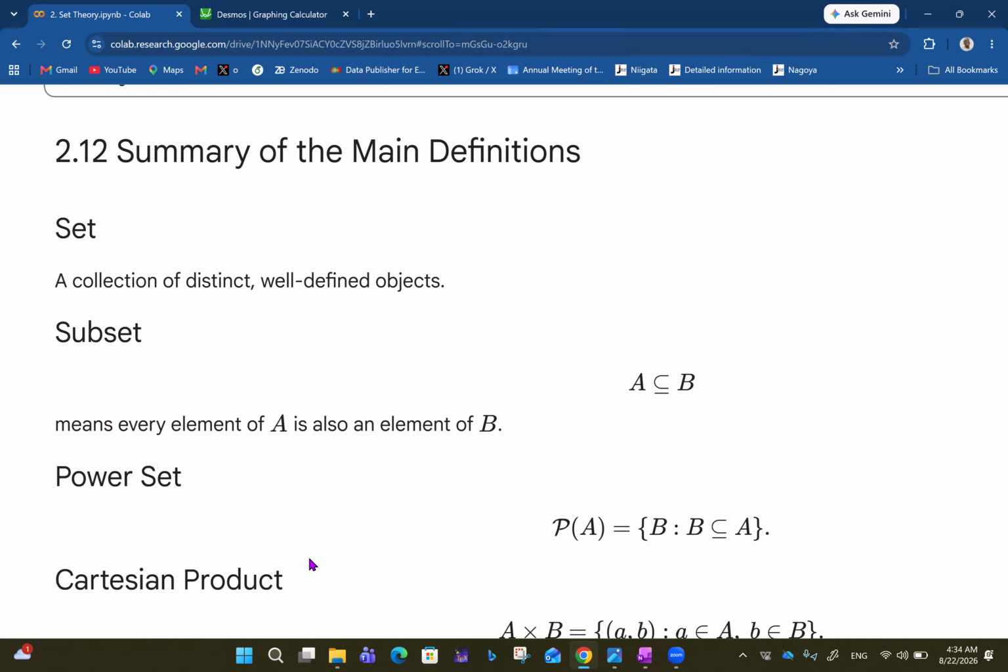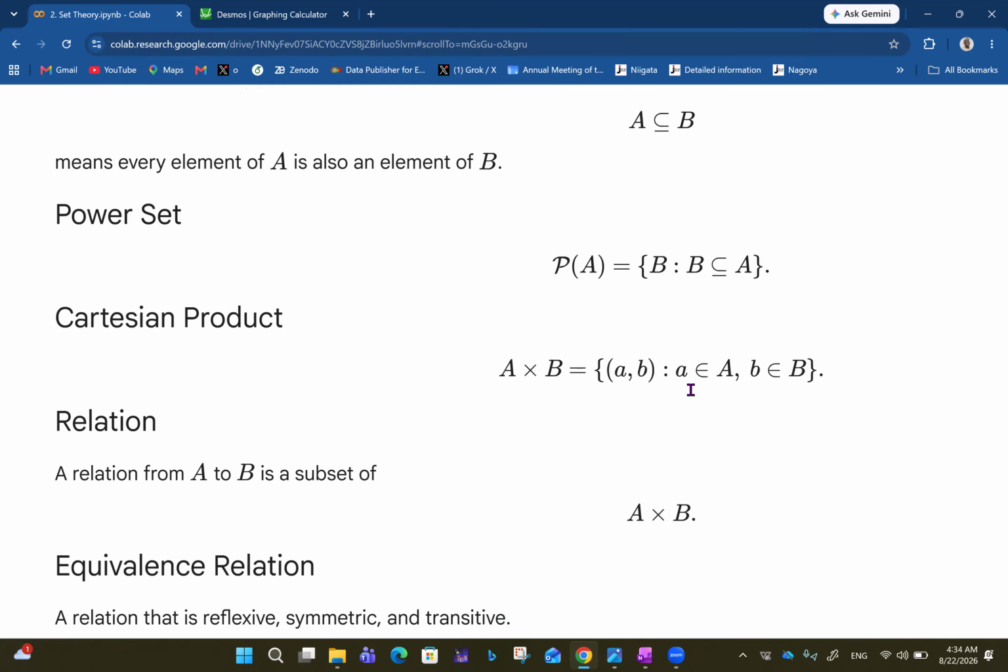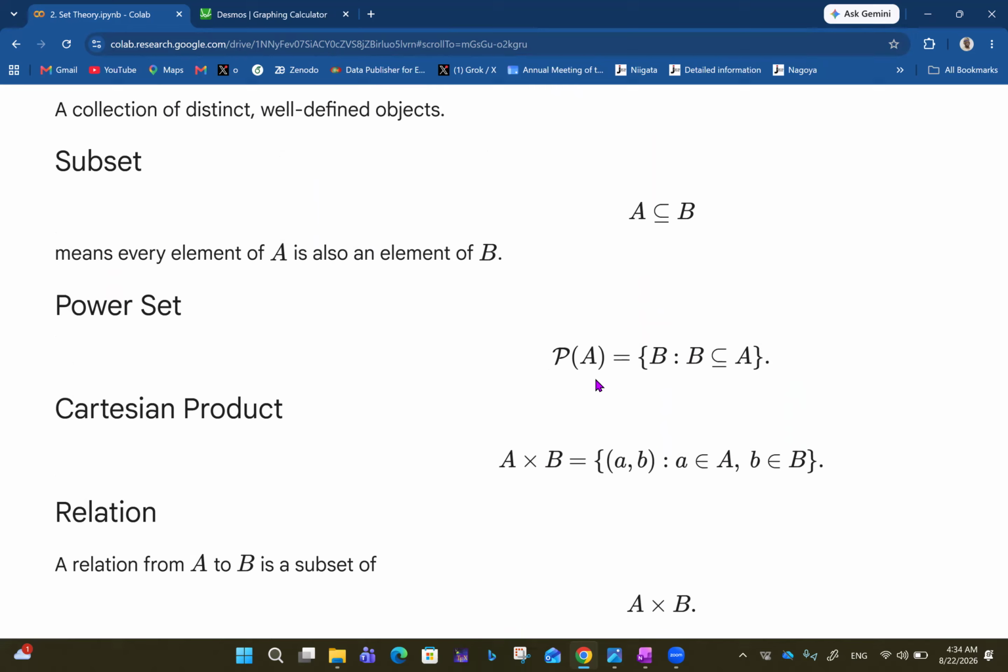Summary of the main definitions so far. We talked about a set, which is a collection of distinct, well-defined objects. Distinct in the sense that no repetitions are allowed, and they are well-defined also. A subset: A is a subset of B means every element of A is also an element of B. Then we have the power set. The power set of A is the collection of all sets B such that B is a subset of A. In every power set, we have the empty set and the set itself as members automatically.